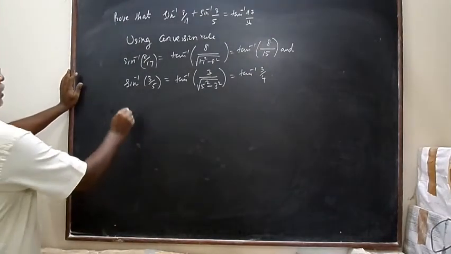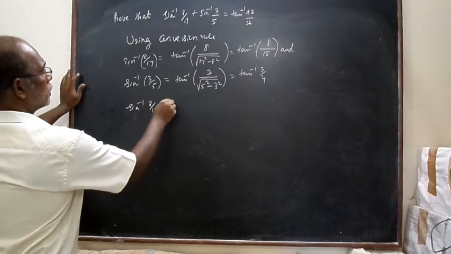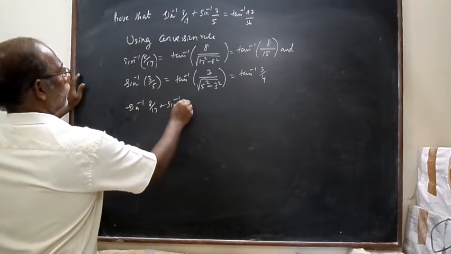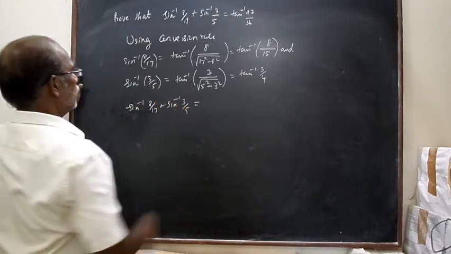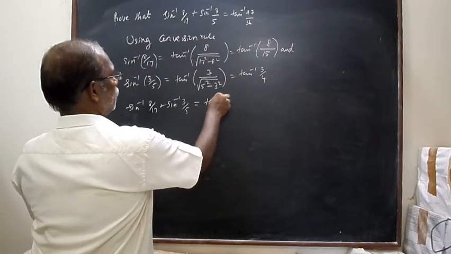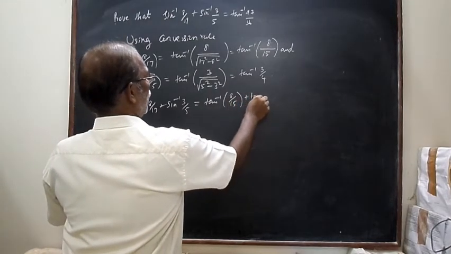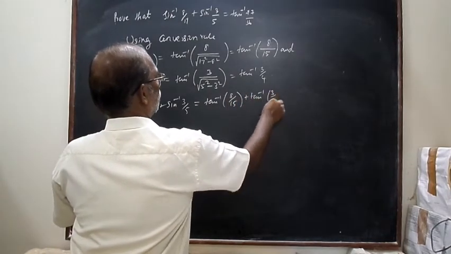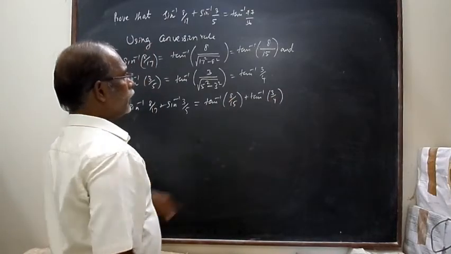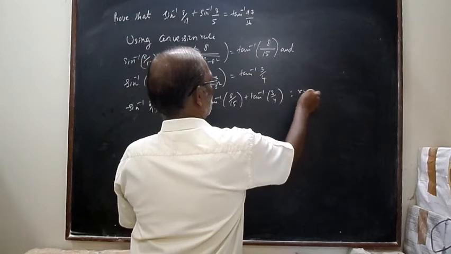Now sin inverse of 8 by 17 plus sin inverse of 3 by 5 can be written in terms of tan inverse. The first one is tan inverse of 8 by 15, the second one tan inverse of 3 by 4. With x as 8 by 15 and y as 3 by 4, we check the product xy is less than 1.